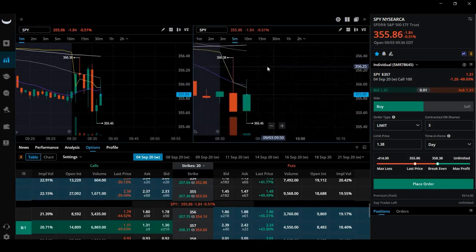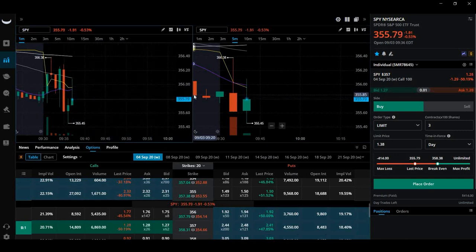And as you can see, the SPY, the first 5 minutes sold off almost $1.